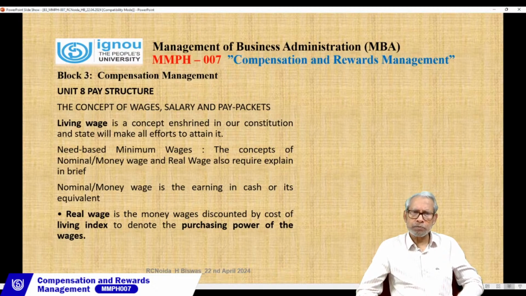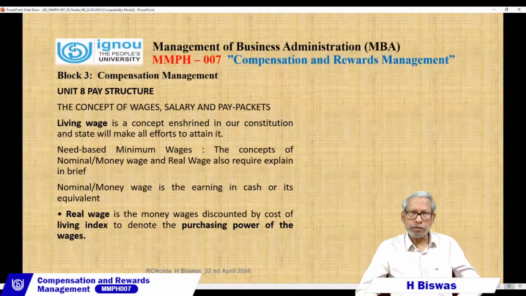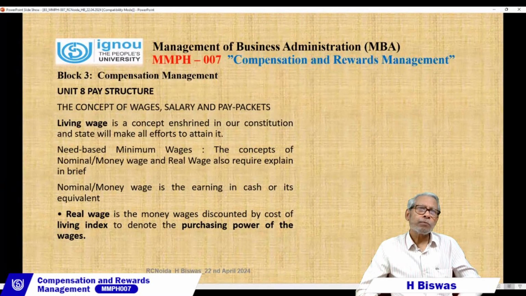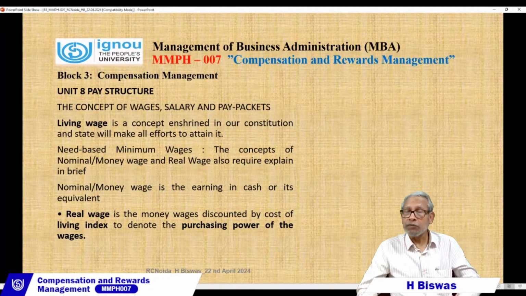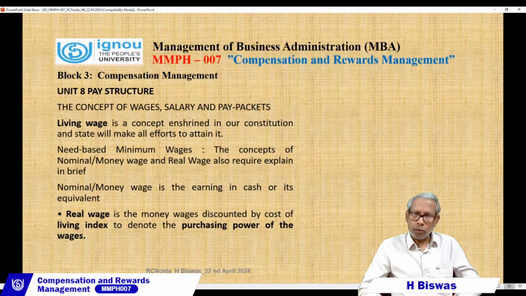So how much purchasing power in market value terms, so that you can cope with daily routine expenses, plus you can cope with the inflation of the economic conditions. If the money is sufficient to cope with this, then we can say yes, it's a real wage, real salary.